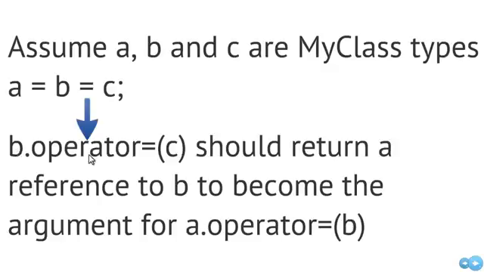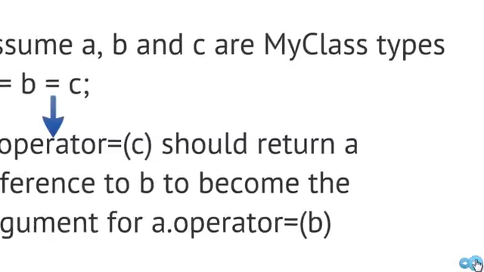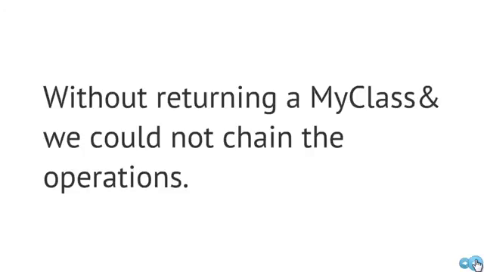So that thing there should be returning a reference to B so that it can become the argument to this particular operation here, which is our assignment from B to A. So the reason why we need to return a reference to a my class object, whatever that class may be, is so that we can do this type of chaining. So chaining is very important. Without returning a my class or reference to a my class object, we would not be able to chain the operations.